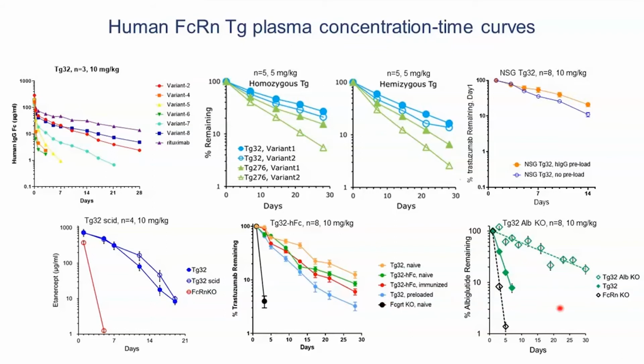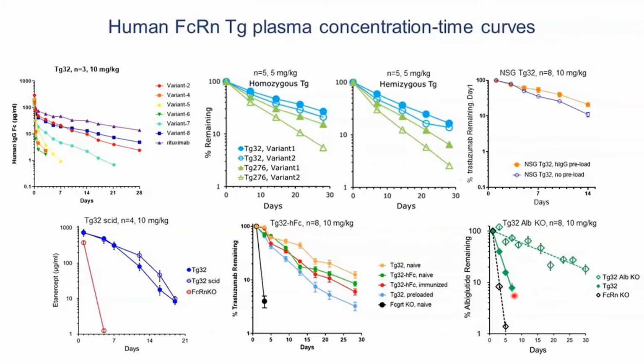The last model I'm showing here is a TG32 albumin knockout, and the molecule being studied is albiglutide, which is an albumin molecule with a glucagon-like peptide 1 that's part of the construct. And in the TG32 mouse, where mouse albumin is present, it competes readily, and that causes the albiglutide to be readily eliminated.